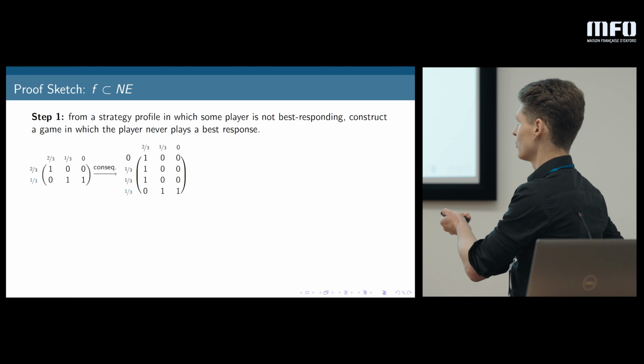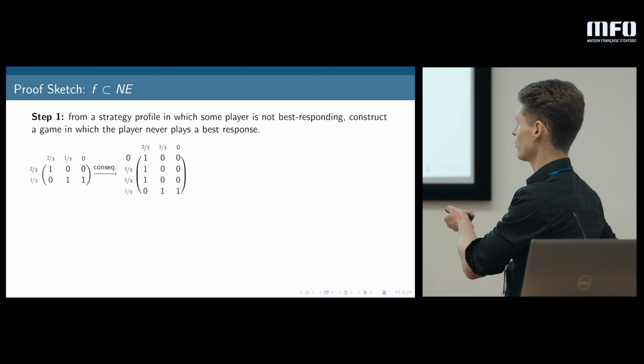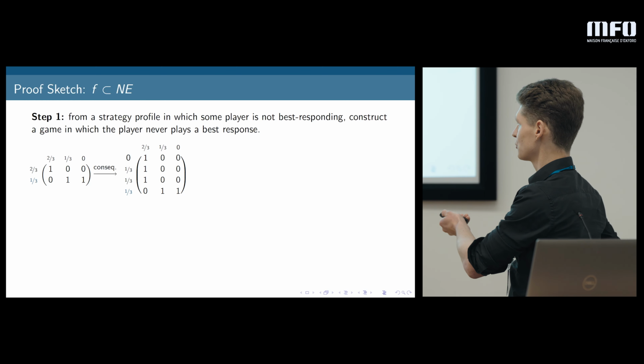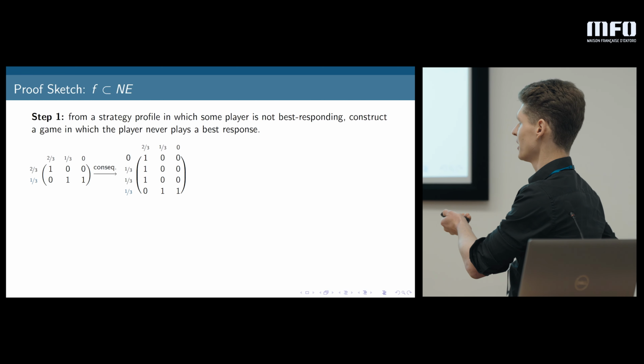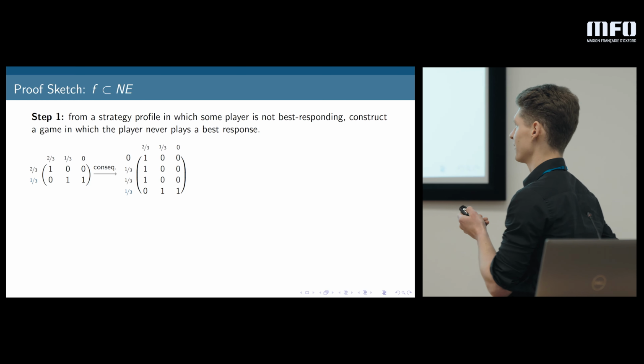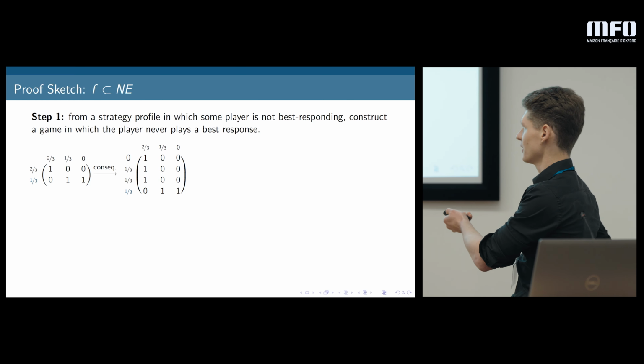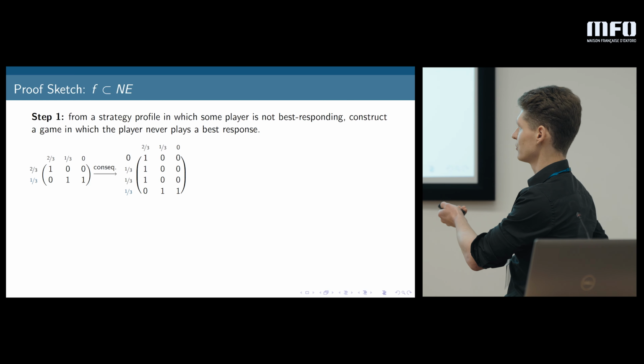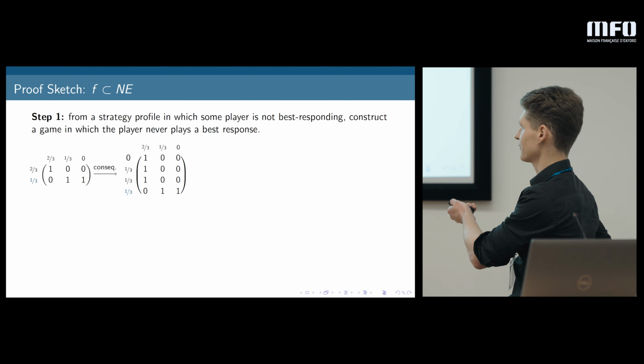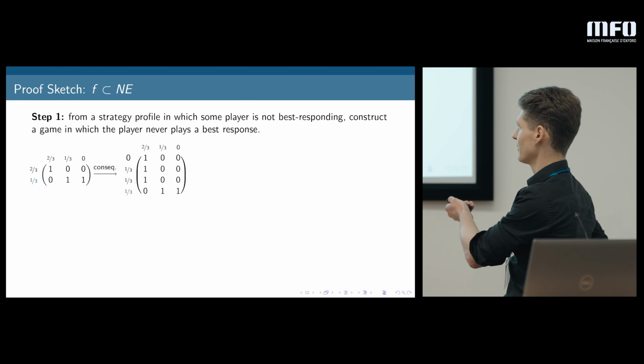Good. So first step, we use consequentialism to get to a point where the row player plays a uniform distribution over a subset of actions, and you will see in a minute why this is useful. Okay, so here introduce a clone of the first action here, and then consequentialism tells you this strategy profile has to be returned, and I want to introduce an additional clone of this action.